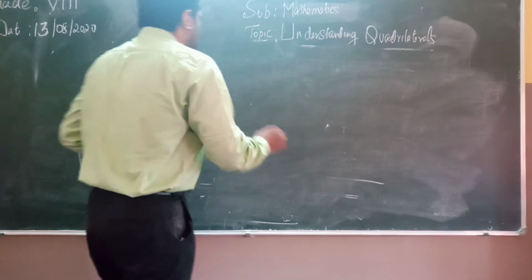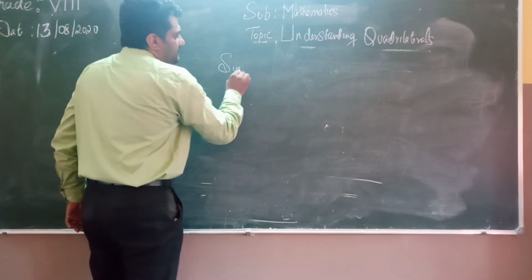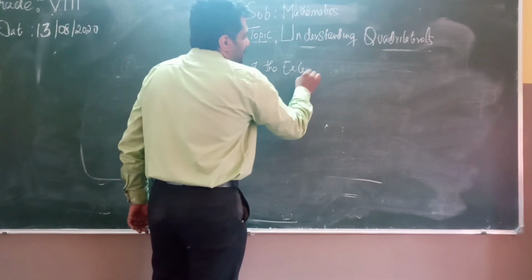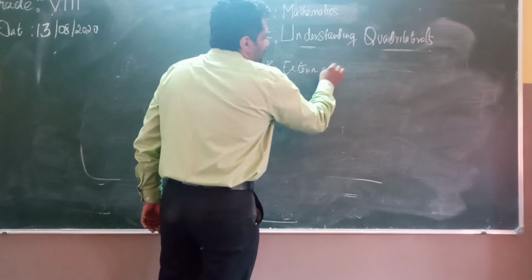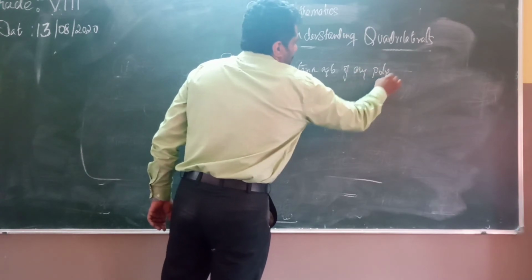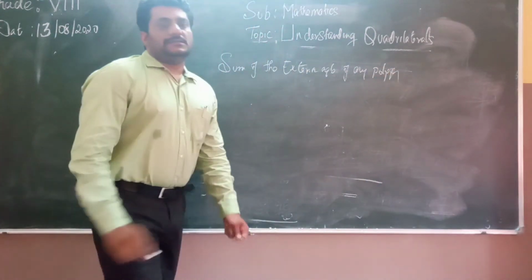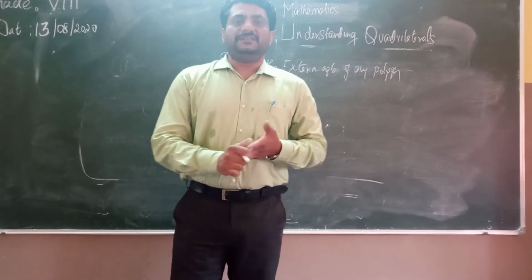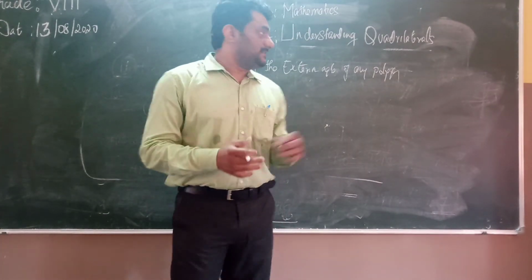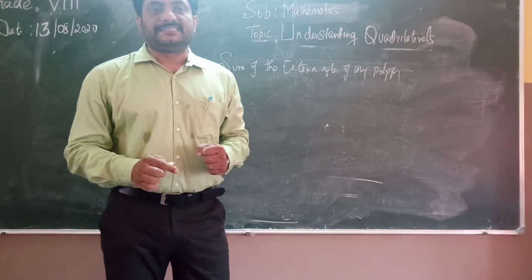Okay, now we are doing the sum of the exterior angles of any polygon. Now we have already learned that the sum of the interior angles of any polygon is n minus 2 into 180 degrees. Now they are asking about the exterior angle.